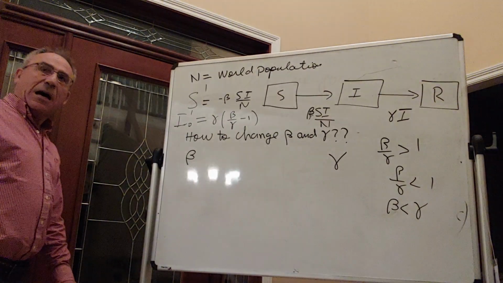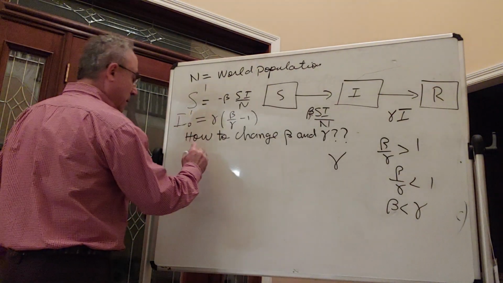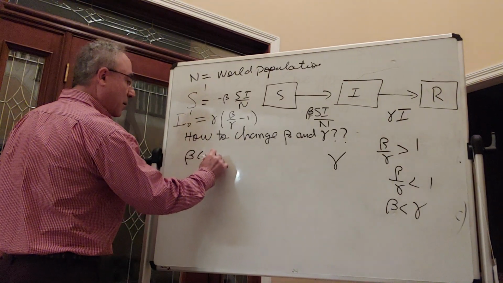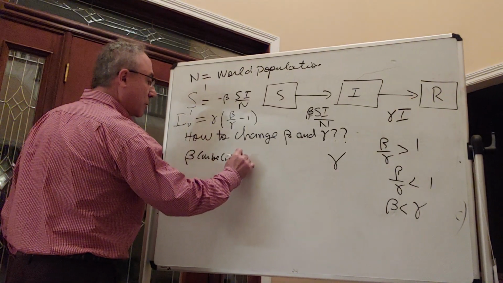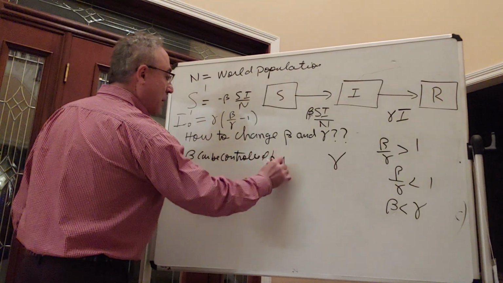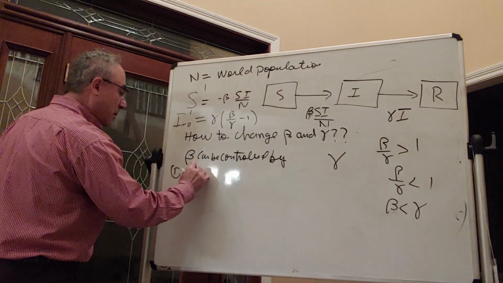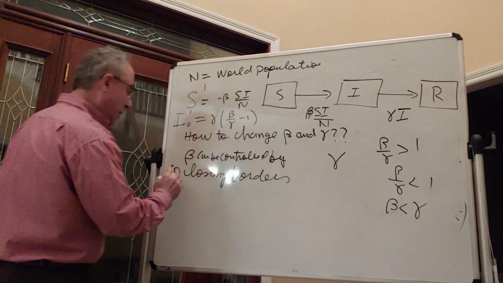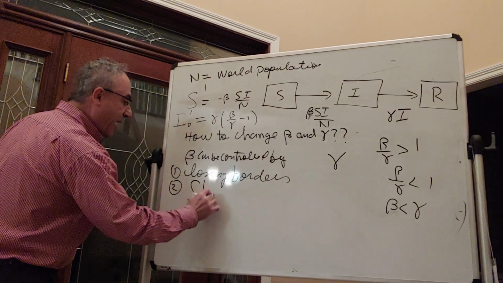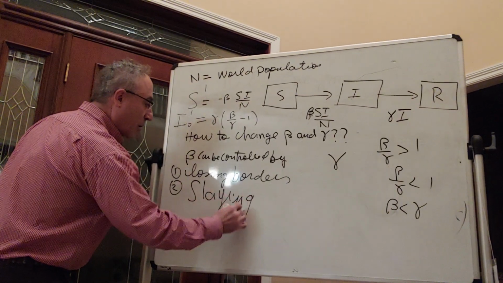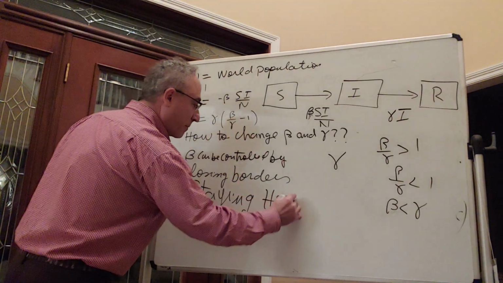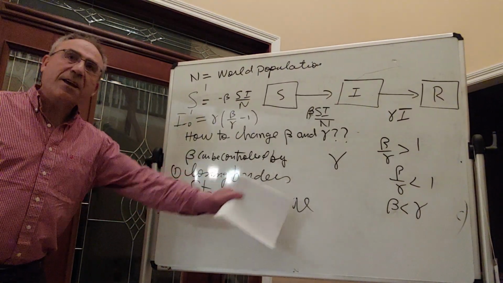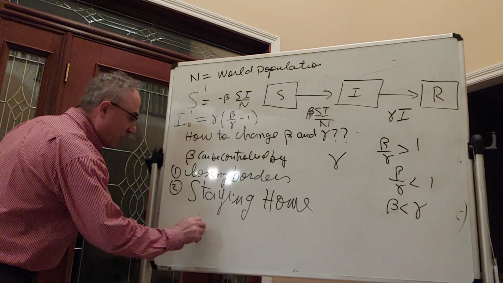Okay, so how can we control beta? Beta can be controlled by, 1, closing borders, 2, staying home, washing hands.